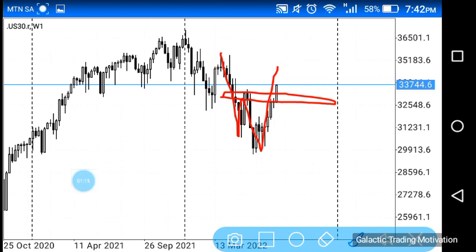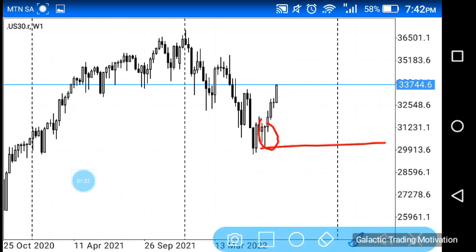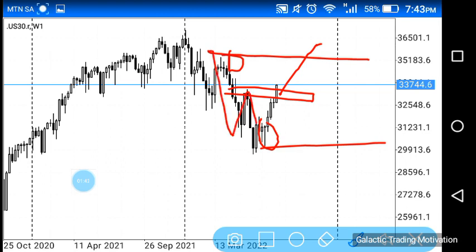Which means that as much as in the past we were looking for price to move down, especially to this level over here, to grab that liquidity, the expectation right now, because price has broken above that neckline, is for it to continue moving up, right? And ideally, I would love to see price move to this level, because that would be the completion of that overextended W structure, if you look at it actually.